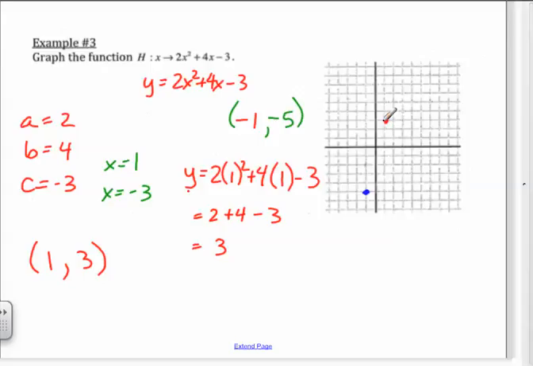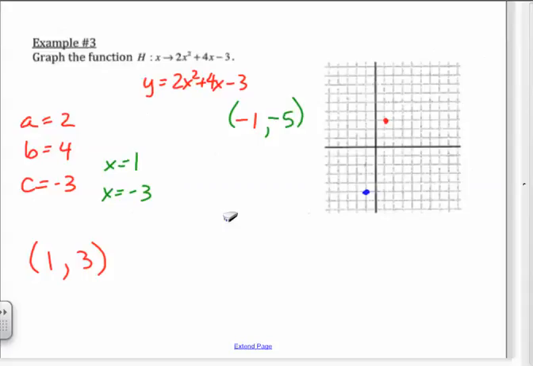If x is negative 3, I expect y to be 3, but let's plug it in and see if that's what we get. Remember, parabolas are symmetrical, so they're going to climb the same speed on both sides. So y is equal to 2 times negative 3 squared plus 4 times negative 3 minus 3.